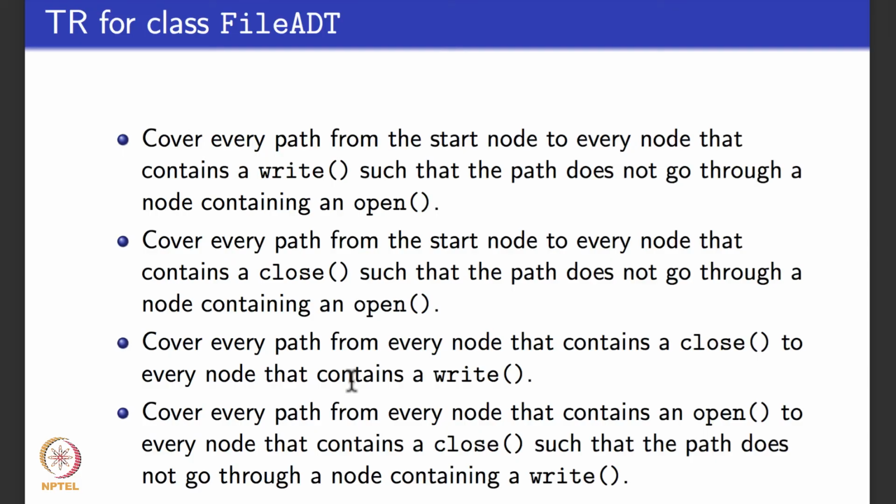Similarly, for the third sequencing constraint, your TR says you cover every path from every node that contains a close to the node that contains a write, which means a write has happened after a close. Fourth TR says cover every path from a node that contains an open to a close without going through a write. I've basically written the same sequencing constraints, but in terms of coverage criteria that violate the sequencing constraints. I hope this is clear.